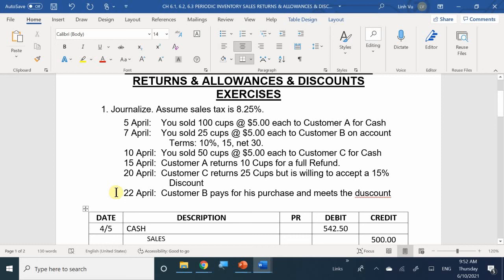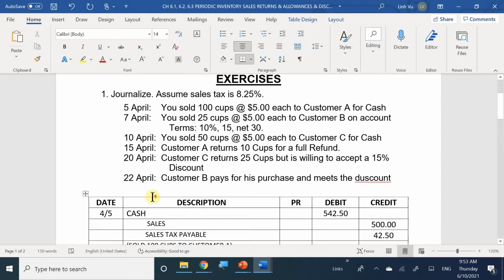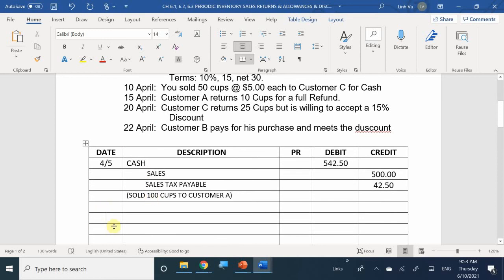How are we going to journalize this? So first is going to be accounts receivable and sales tax payable. Good. So accounts receivable.